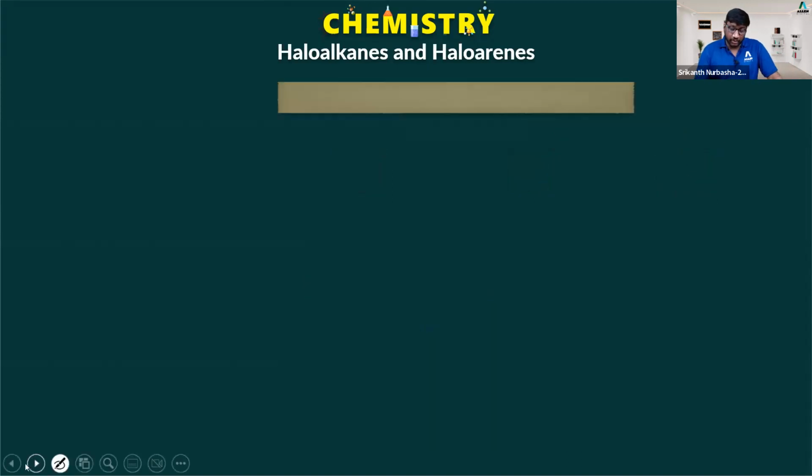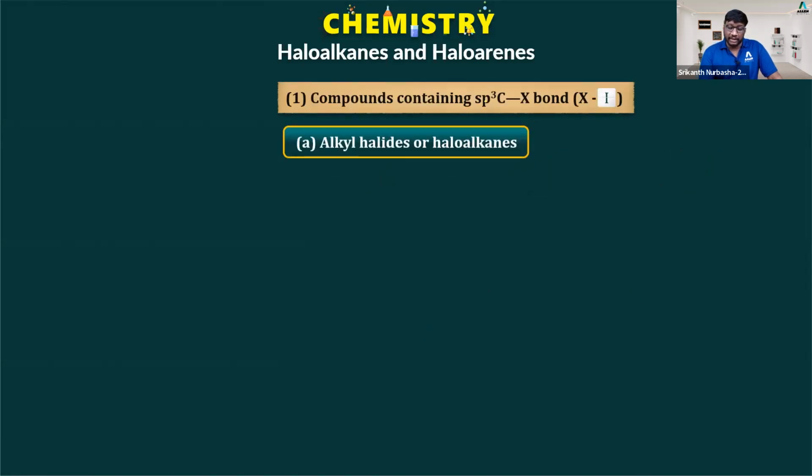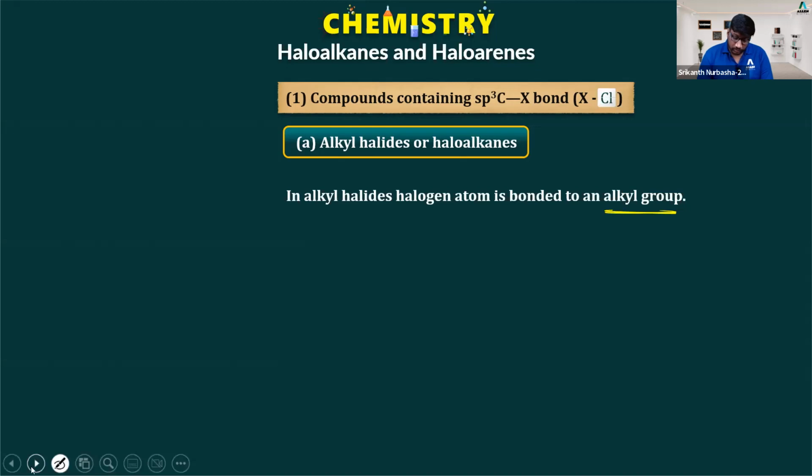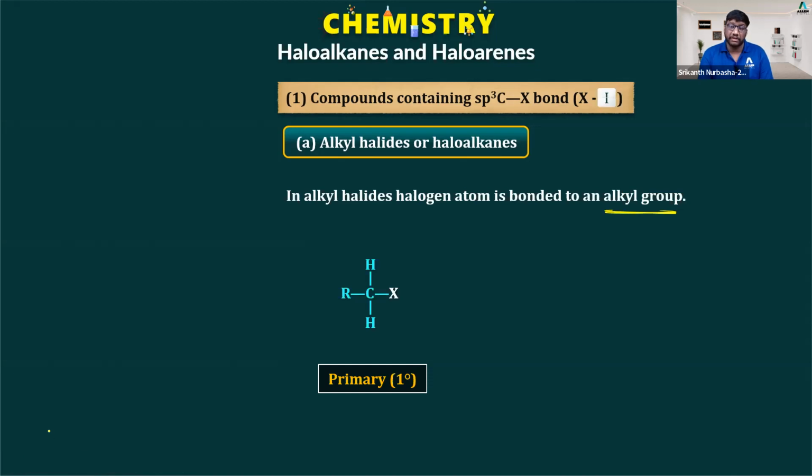The first set is compounds containing an sp3 hybridized carbon connected to halogen. These are alkyl halides or haloalkanes, in which the halogen atom is bonded to an alkyl group, like RCH2X. The halogen is bonded to an sp3 hybridized carbon, and it can again be classified into primary, secondary, and tertiary.